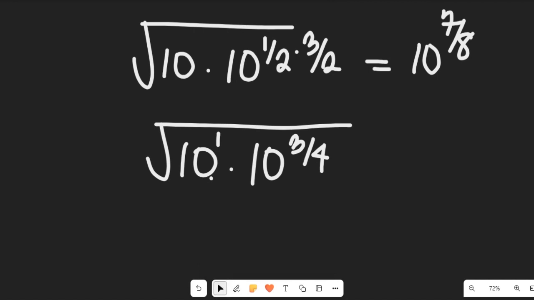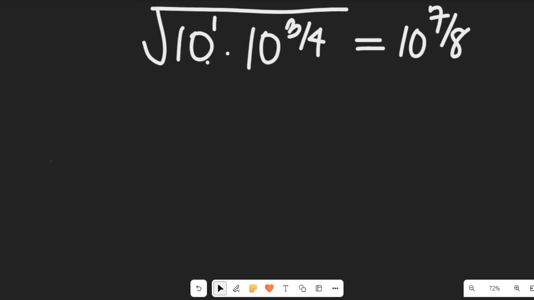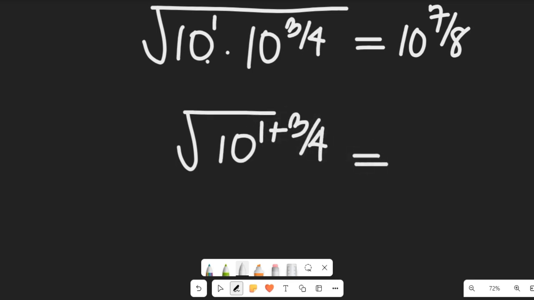So we're going to simplify that, and both of these will be 10 to the power of 7 divided by 8. So let's reduce this. If we reduce this, we are going to have this to become the square root of 10 to the power of 1 plus 3 divided by 4. And this should be equal to 10 to the power of 7 divided by 8.